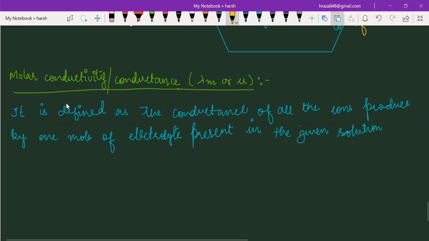That is called molar conductivity or molar conductance. And we have a formula: lambda m is equal to kappa, that is conductivity, into volume V.